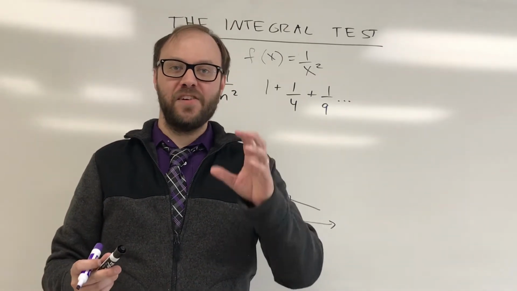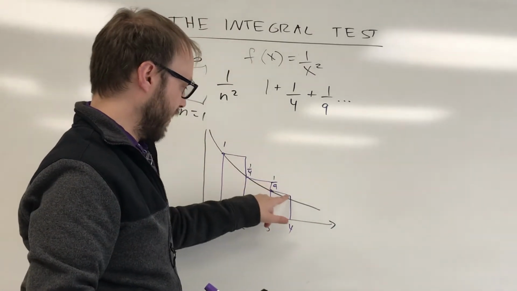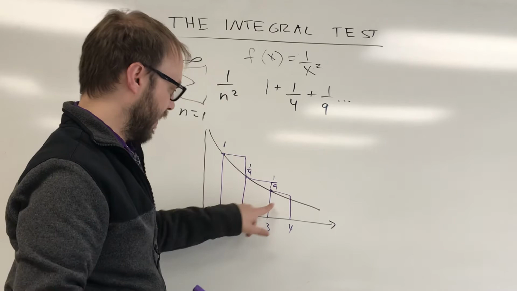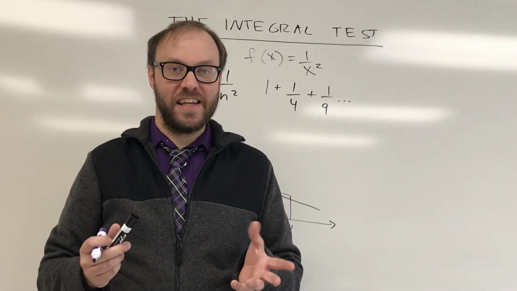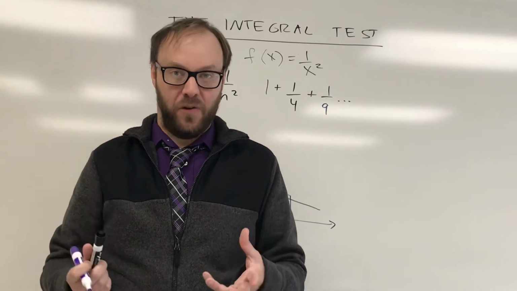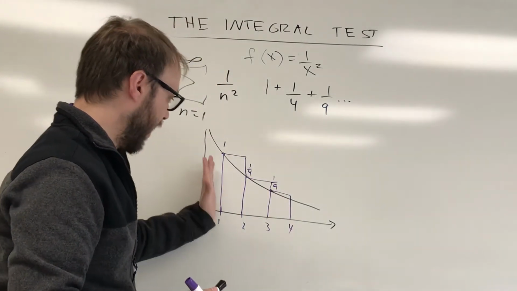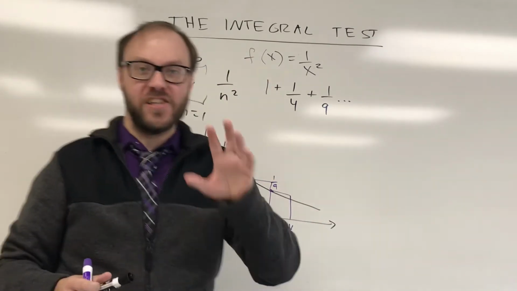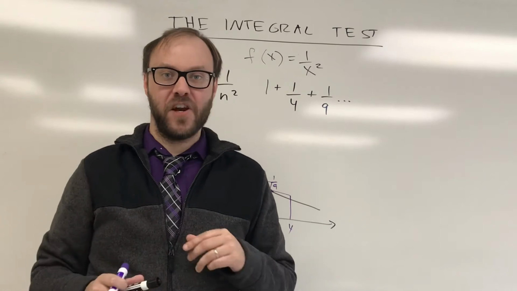Here's the key. Notice each of these rectangles is greater than or equal to the actual area under the curve, okay? What I can actually do is check and see, does that integral converge? If I take the integral of this function from 1 out to infinity, does that integral converge, okay? Or does it diverge, okay?